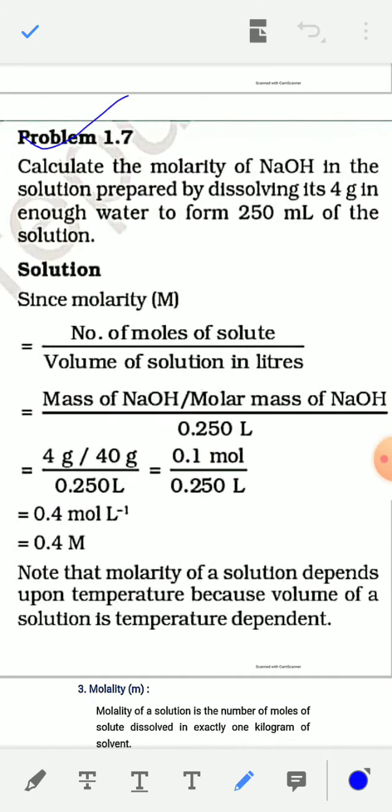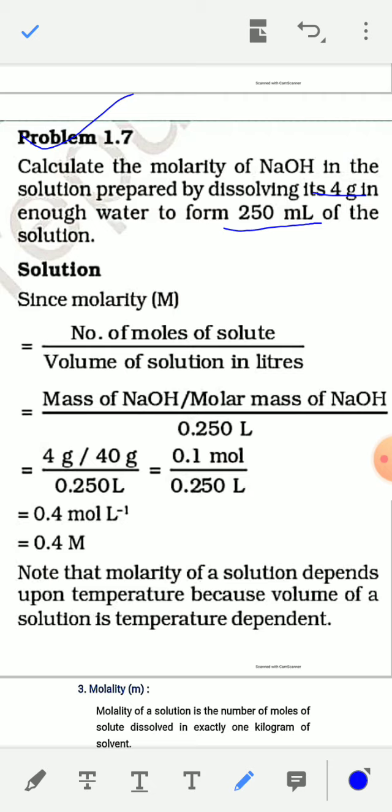One problem is given: calculate the molarity of a solution prepared by dissolving 4 gram of NaOH in enough water to form 250 ml of solution.